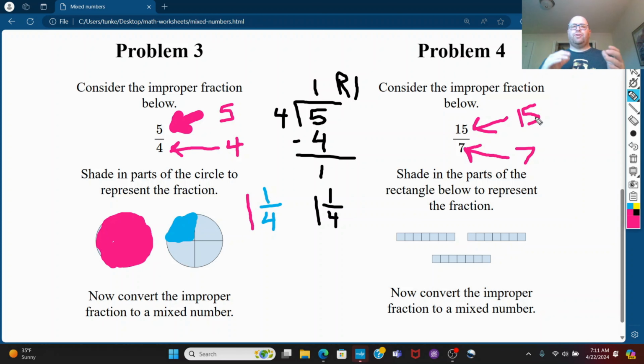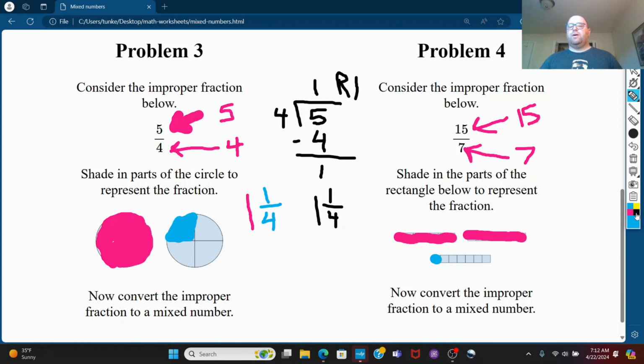So we're going to have to shade in, well, first we're going to have to shade in 7 parts of the rectangle. That brings us up to 7, but we want to get to 15, so we're going to have to do another 7. That brings us to 14, and then we're going to have to do one more to get to 15.